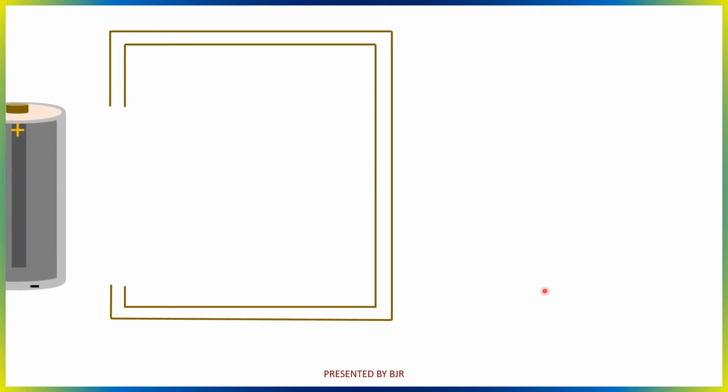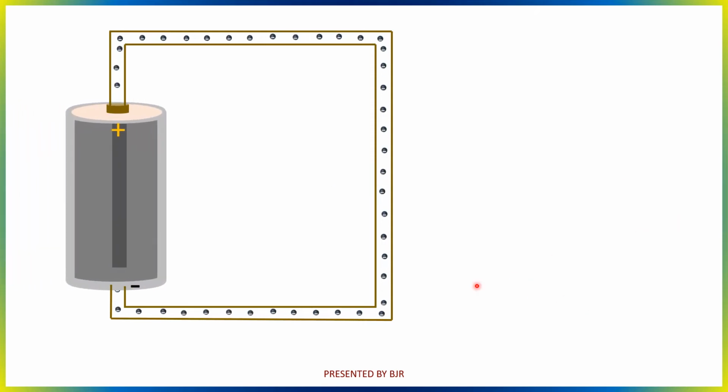When a battery is connected to the ends of the conductor, all the free electrons move in a unified direction from the negative terminal of the battery to the positive terminal, isn't it? So see here, now I am going to connect a battery between the two ends of the conductor. So what happened here?